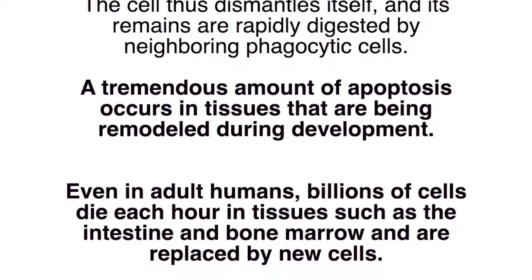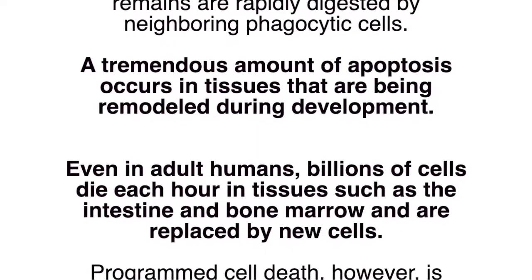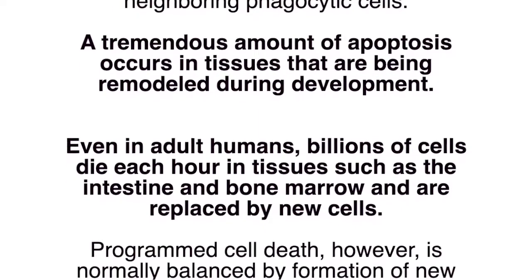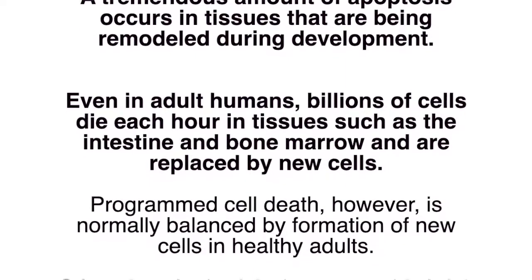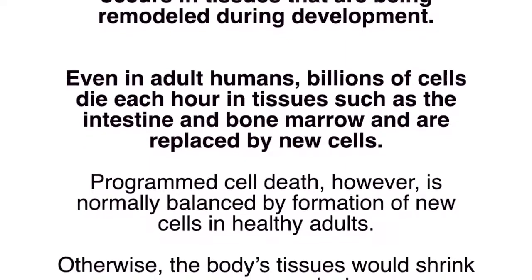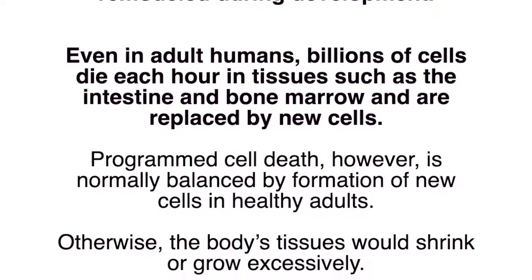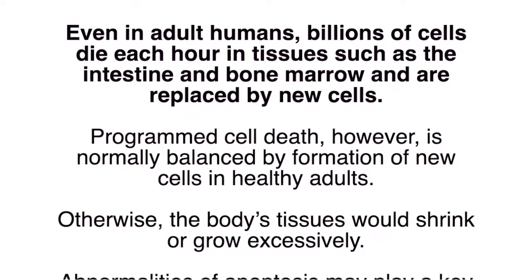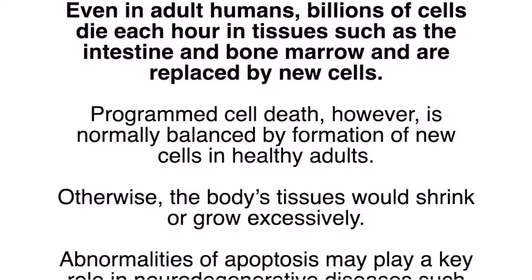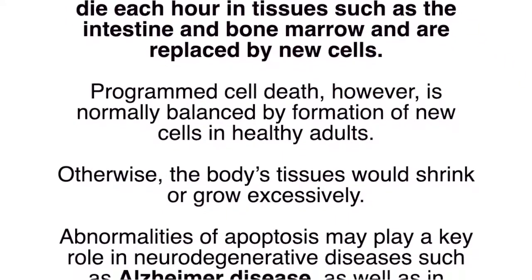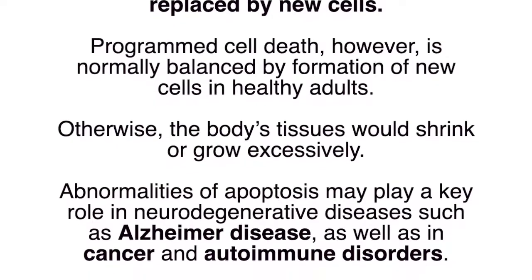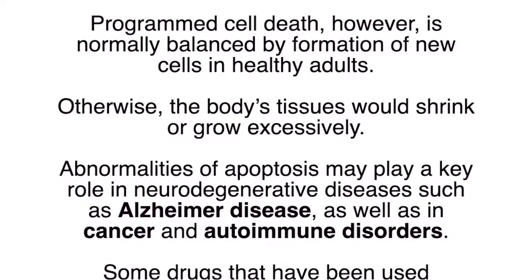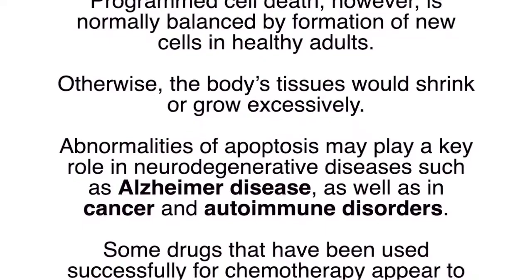A tremendous amount of apoptosis occurs in tissues that are being remodeled during development. Even in adult humans, billions of cells die each hour in tissues such as the intestine and bone marrow and are replaced by new cells. Programmed cell death, however, is normally balanced by formation of new cells in healthy adults.